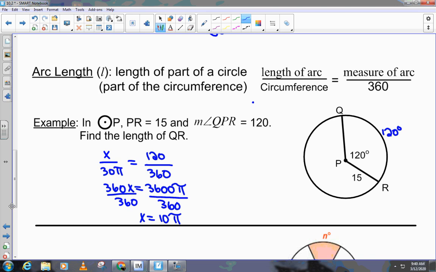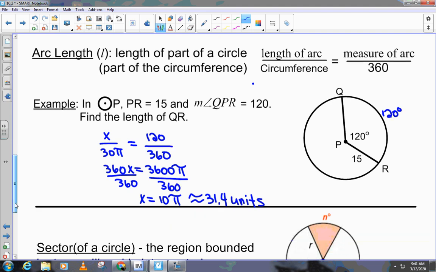Okay, if it wanted an estimation, let's say to the nearest tenth, that would be 31.4. And it didn't give us a unit of measure, did it? Okay. So that is arc length. That's a portion of the circumference. That's how long part of the circle is, not the entire circle. So part to whole, part to whole.